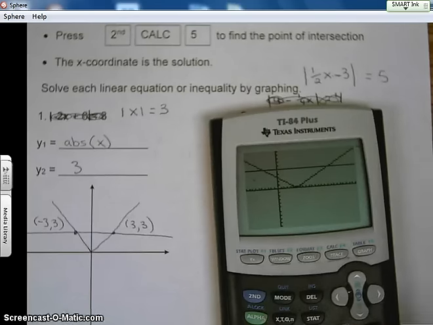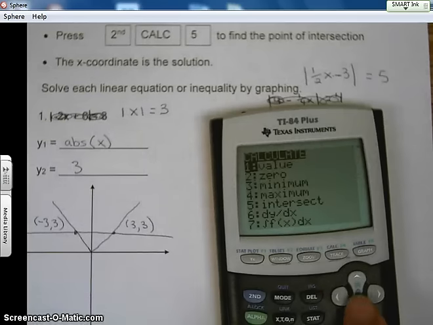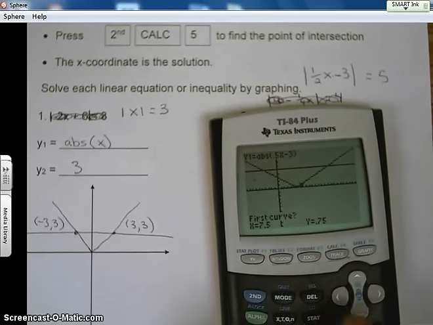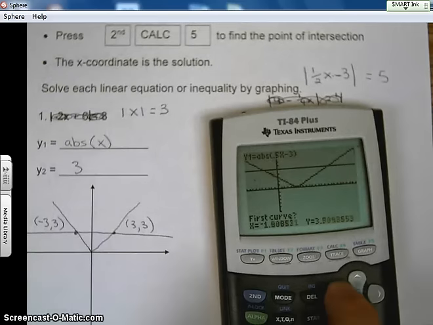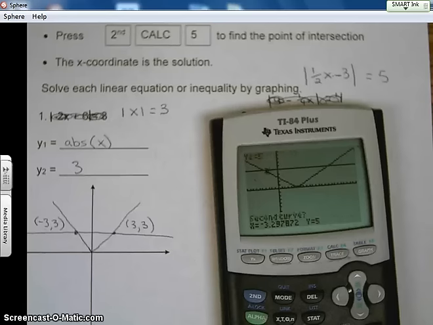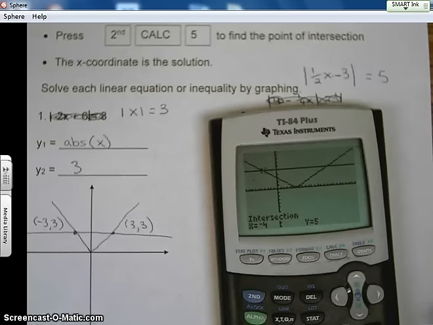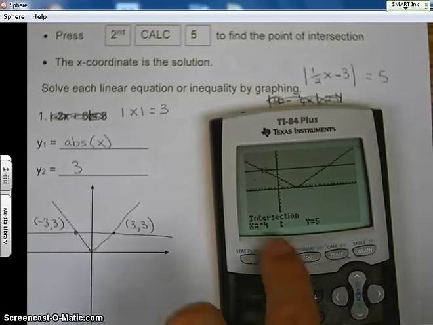Okay, good. Okay, we're going to do second calc, intersection, the one on the left. Close enough. Enter, enter, enter. So one of our solutions is going to be -4.